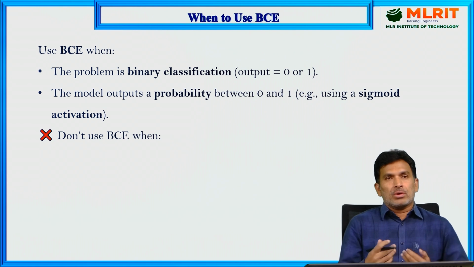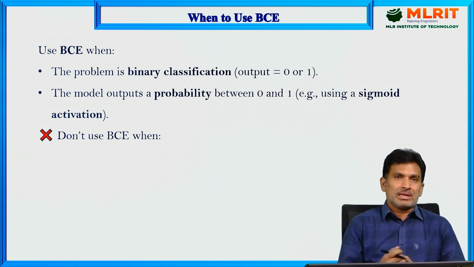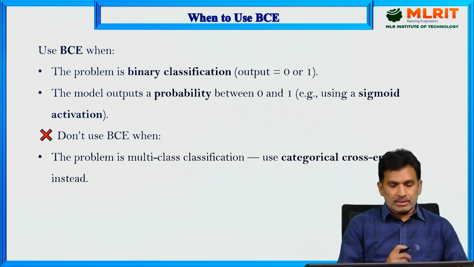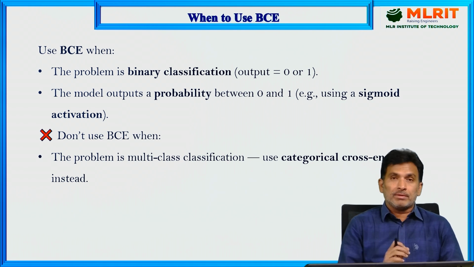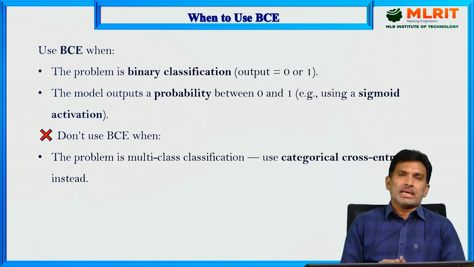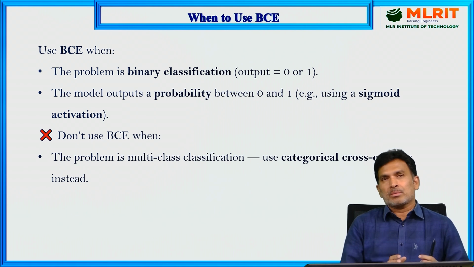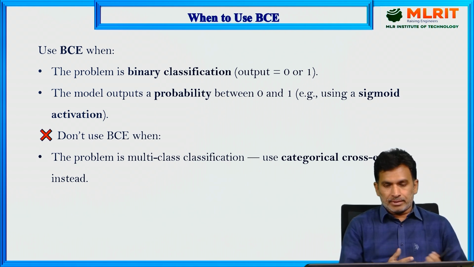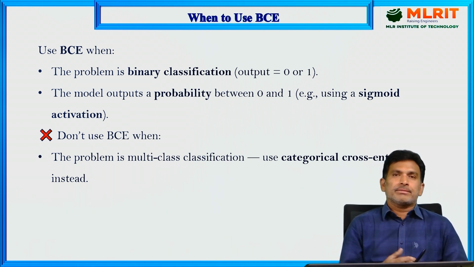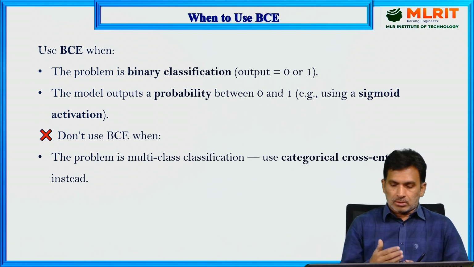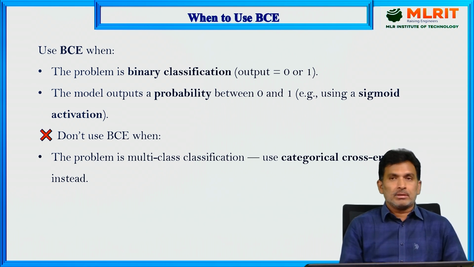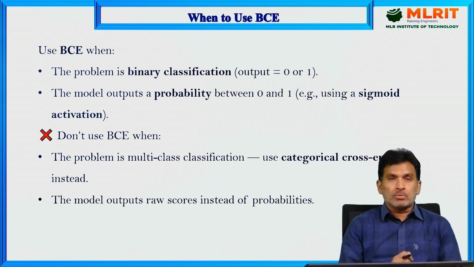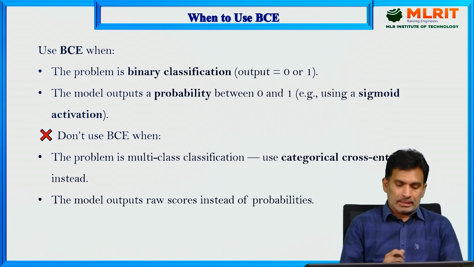We do not use binary cross entropy if the problem is a multi-class classification. In that case, we have to use categorical cross entropy instead, where the model outputs raw scores instead of probabilities.